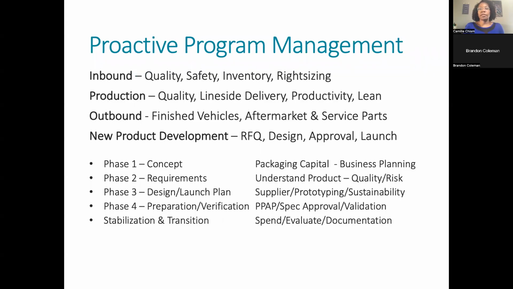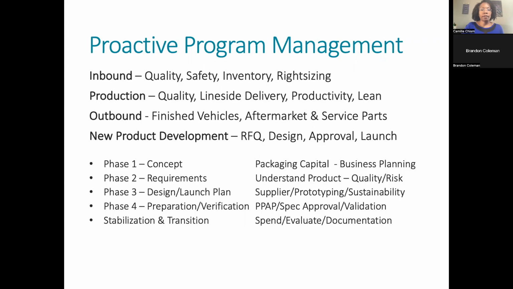So here are some of the things that you're looking at. I also mentioned a lot of teams and functions across the whole process that you'll be working with, from manufacturing to development, purchasing. So I wanted to go over those a little bit.